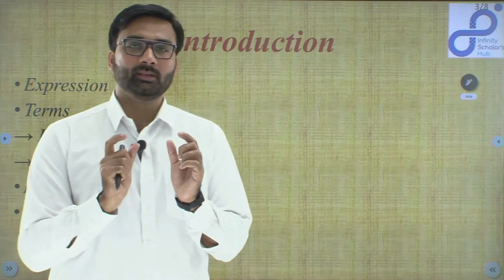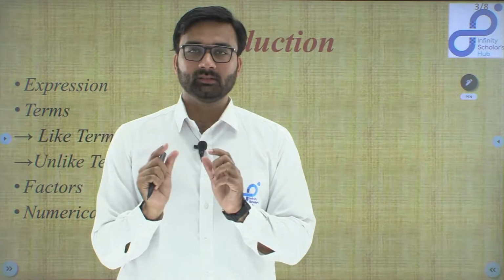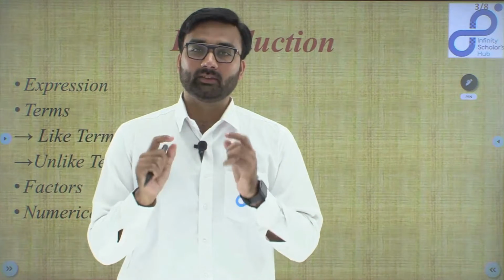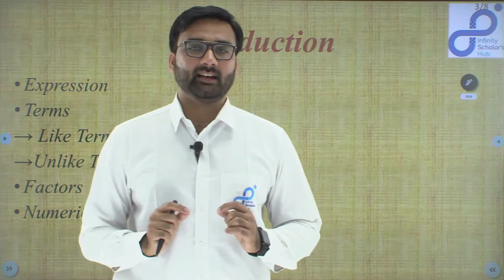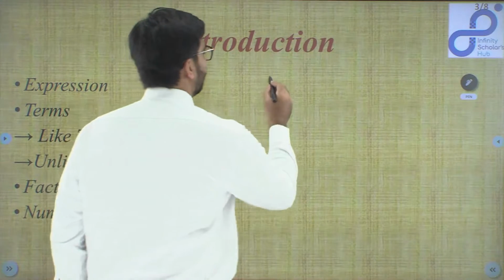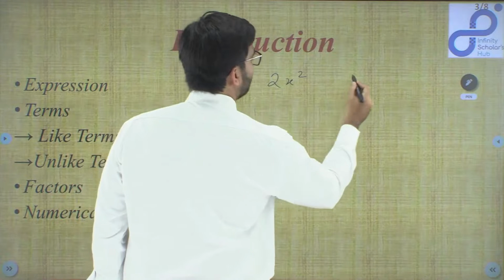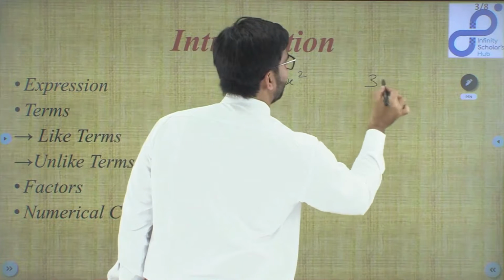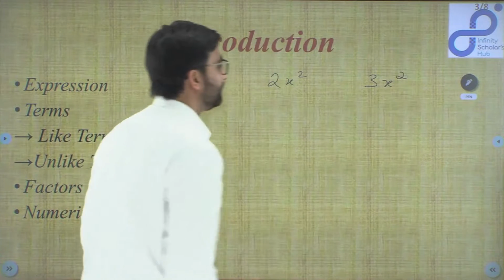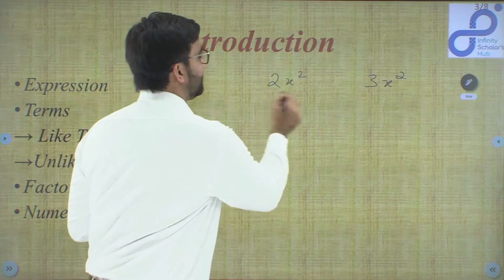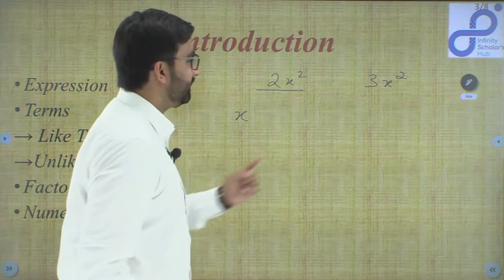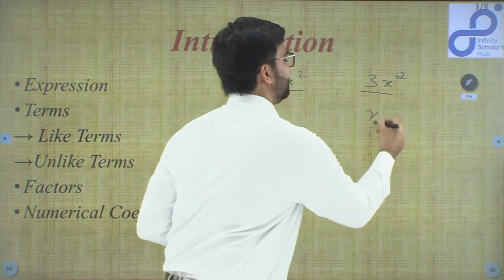If two terms have the same variables and the power of this variable is also the same, then we say that they are like terms. Say for example, if I write 2x squared and in some other term, let it be 2x squared. So the variable used in this is only x, right? And over here also it is only x, correct?